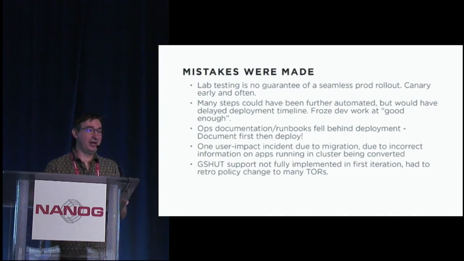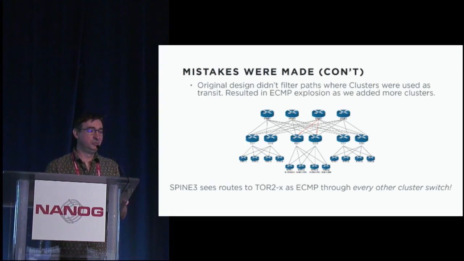Later on down the line, and by that I mean 2 months after we completed the project, we ran into this problem: in a Clos model, you're going to have routes coming up from your racks that are going to have shorter paths, but you're also going to be bouncing prefixes through other spines if you don't filter them.